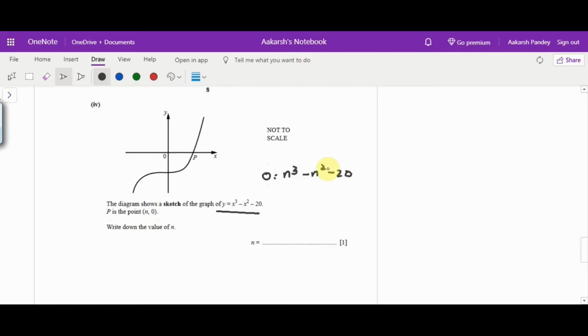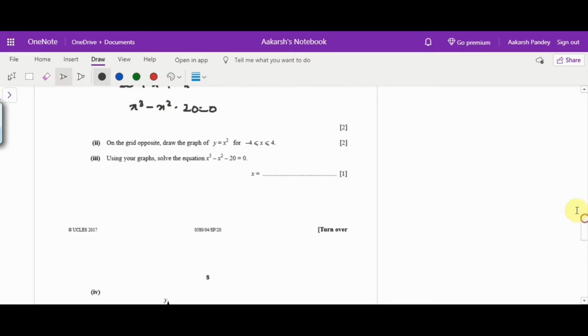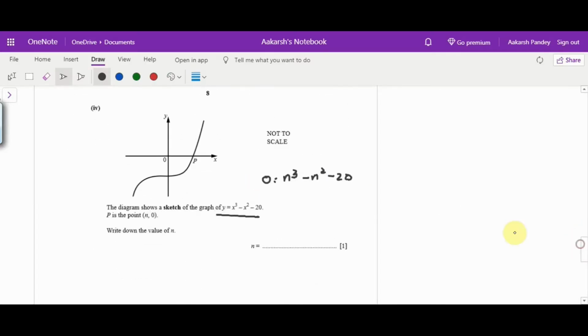Now if you remember in the previous question, what we just found was the answer to this. We found what x is equal to. Now we want to know what n is equal to. If you just replace the n with an x, you will get the same thing, and all you have to do is write the value which we got in the previous question.